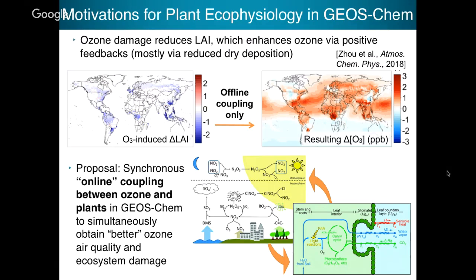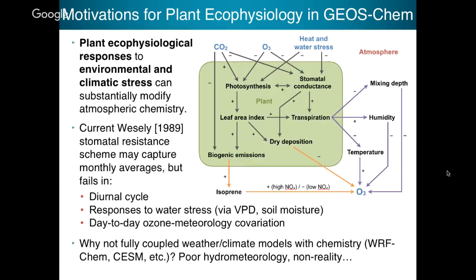But after talking to many colleagues here, and there's a lot of great work coming out of a group of people here, like in Arlene Fiore's group, Colette Heald's group, and Jennifer Murphy's group, a lot of these people have really shown us that plants are very important in affecting air quality. Plant ecophysiological responses to environmental stress, like climatic stress or higher CO2, for instance, can reduce stomatal conductance but improve LAI, and so on and so forth.